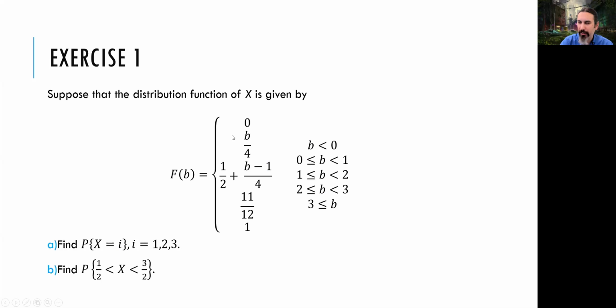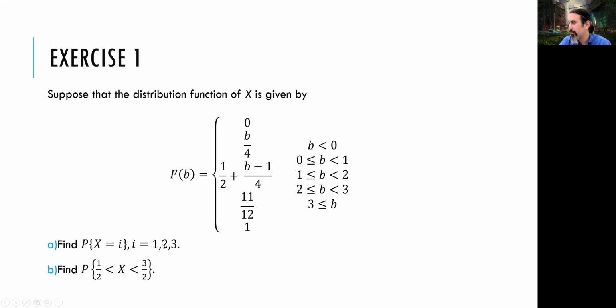The first one is b over 4, where you are coming to 1 from the left side, the limit on the left side. And the other one is 1 over 2 when you're coming from the right side. So there's a jump there. Okay, so this jump gives us the value 1 over 2, right? No, 1 over 4. So 1 over 2 minus 1 over 4 is 1 over 4. So the probability of x being equal to 1 is 1 over 4. Then we're going to have to check x equal to 2.